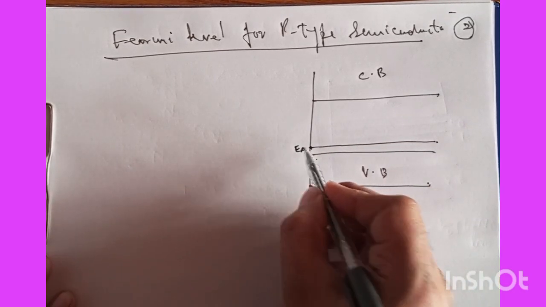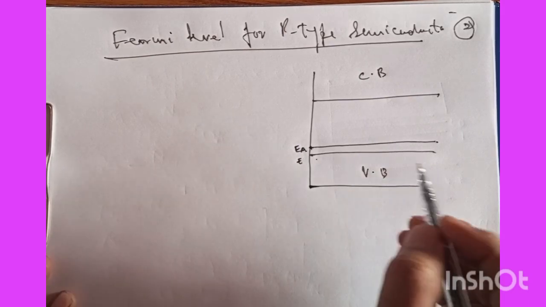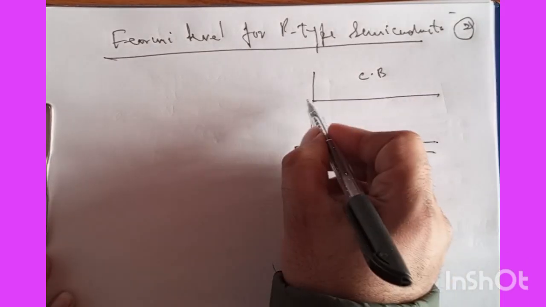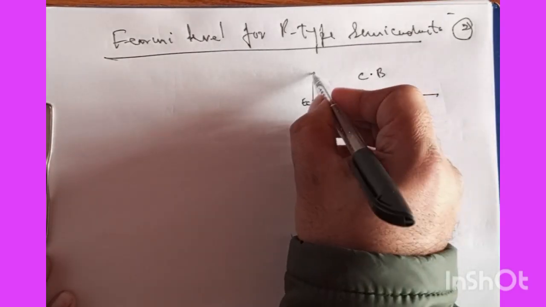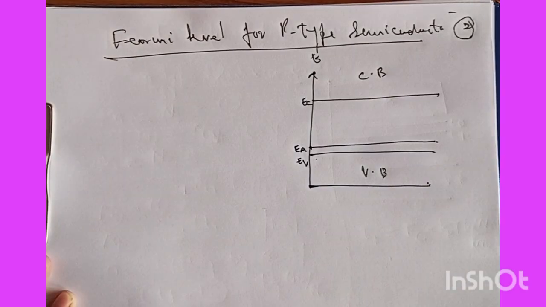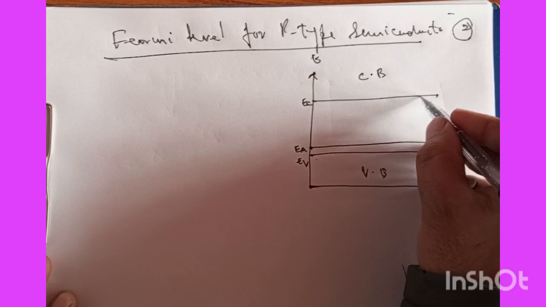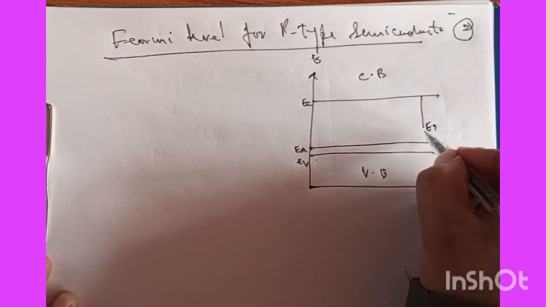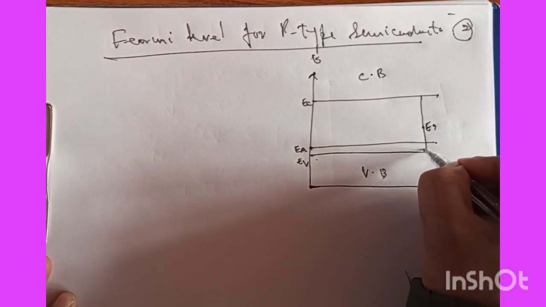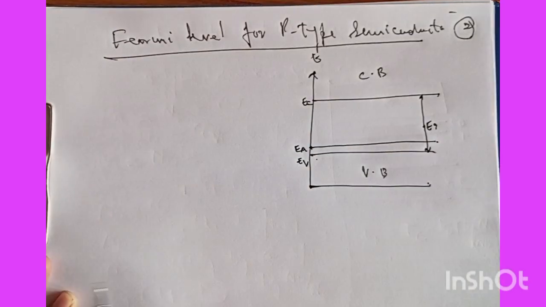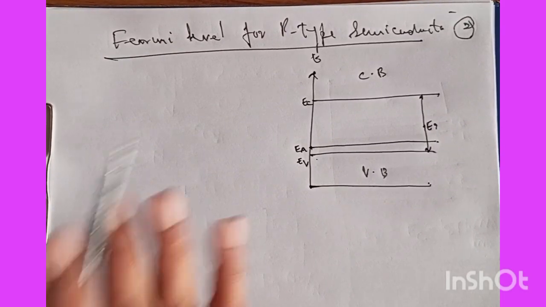So I'll call this EA, and this is EV, and here we have EC, and this is all about energy. All right, and we can see here this is the energy gap. This whole thing is the energy gap. Right? Now, in p-type materials, acceptor impurity is added just above the valence band.